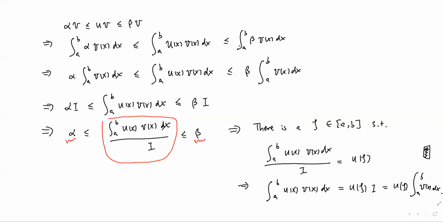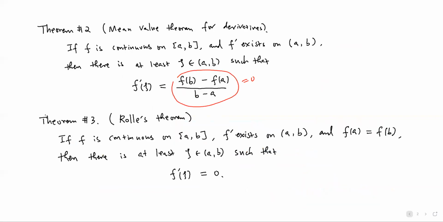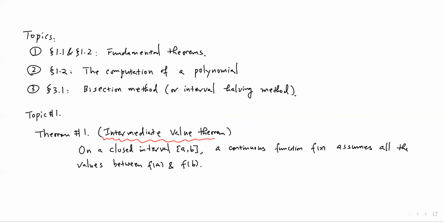This is topic 1. I finished the topic from the last class. Now, second topic from section 1.2. Compute a polynomial. There is a popular algorithm.